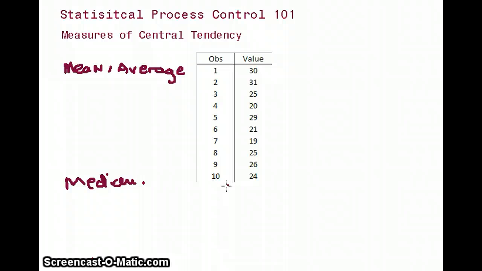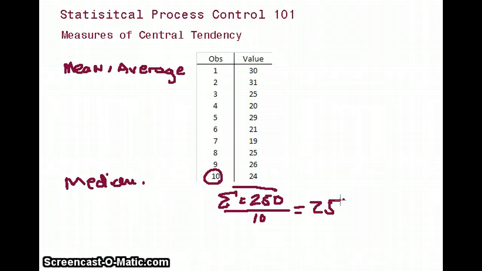Well, if we sum these, it turns out we come to 250. And there are 10 observations, so the mean is 25. So these have a mean or an average of 25.